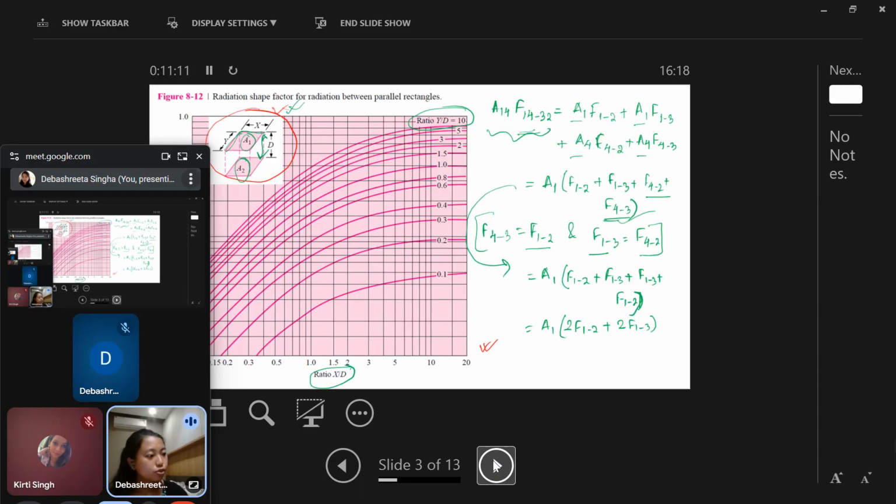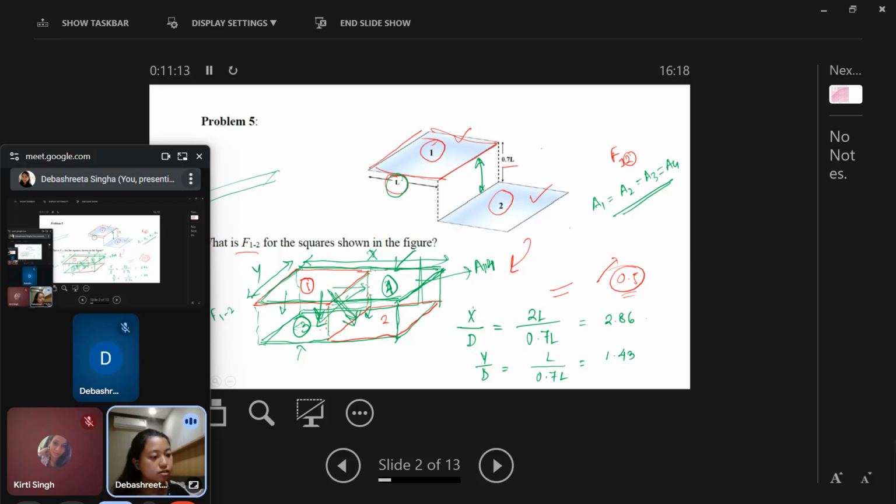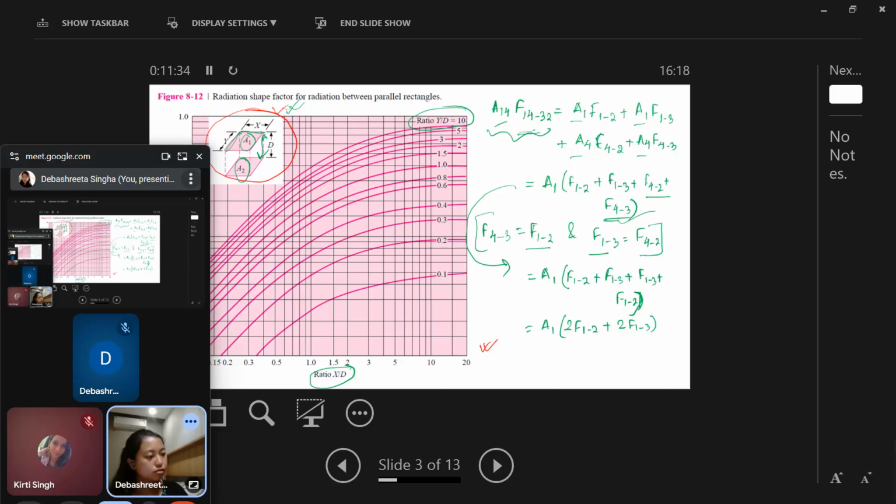this A14. Since it is A1 this and this, A14 can be written as A1 plus A4. A4 is also the same as A1, so we can write it as twice A1. So this thing we can write as twice A1.